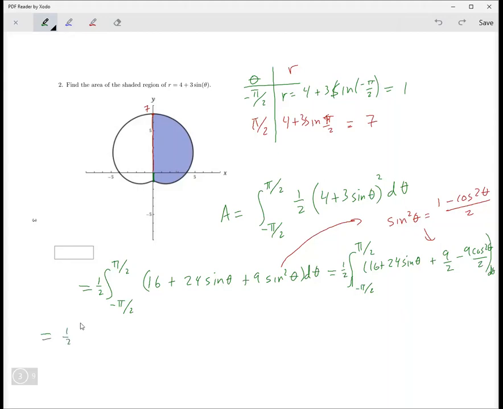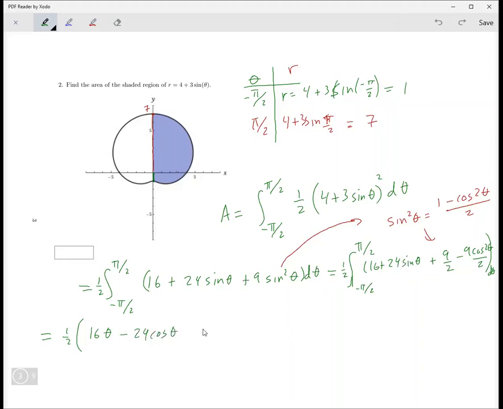Okay, so we have 1/2. And we can go ahead and integrate now. This gives you 16 theta plus, and that's going to be minus 24 cosine theta, because when you take the derivative, you get negative sine.